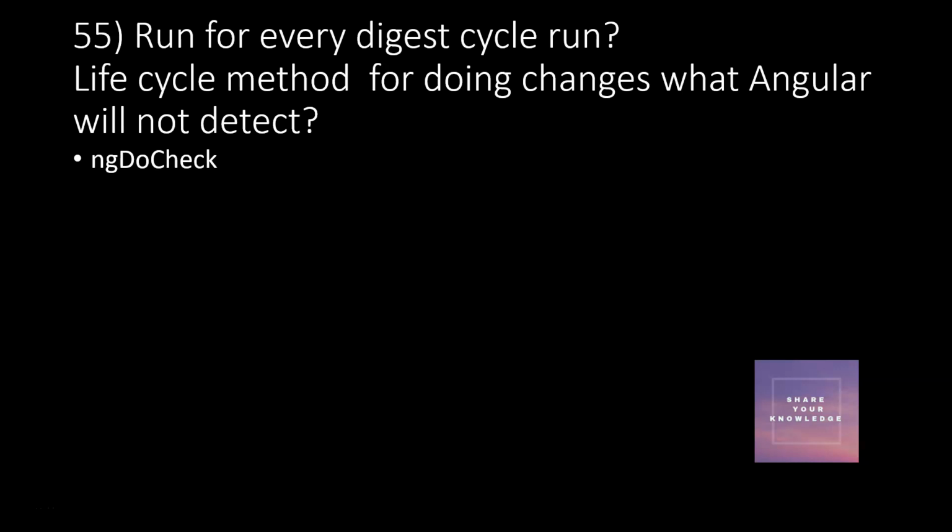This lifecycle hook is called for every digest cycle run, and you can use this. Maybe you have an input element and you have not created any binding or property binding for the value. In that case, Angular will never know about that input element, so it will never start the digest cycle, because you have not created even an event binding or property binding.